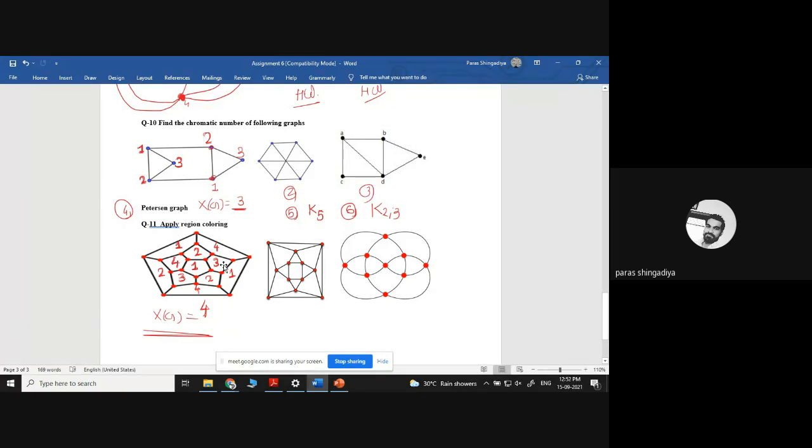Okay, is there any confusion for anyone? Okay, good. So we'll start the next assignment, assignment number 1, from the next lab. Clear? So all of you finish all the assignments of graph theory, 4, 5, 6 if they are remaining, and revise all the topics whenever you are free. Because the graph theory part is now finished, there will not be any concept of graph theory in assignments 1, 2, 3.